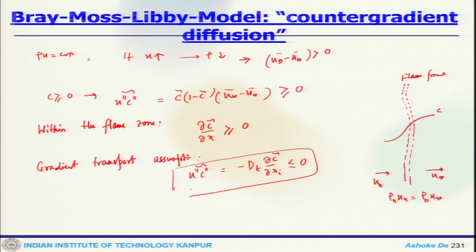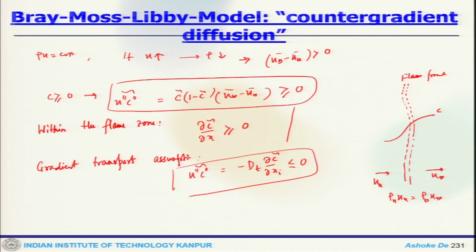So, if you see, they are kind of conflicting with each other. So, there is a conflict with the counter gradient diffusion in the BML model.